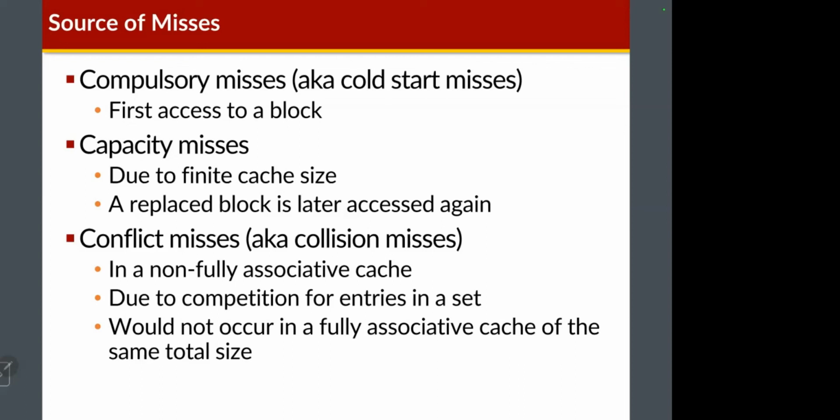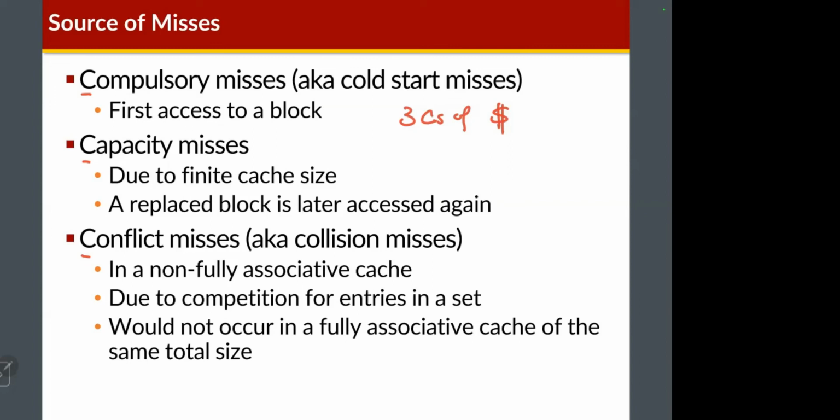This is called the 3Cs of cache, because these sources of cache misses all start with C. So this is called the 3Cs of cache.